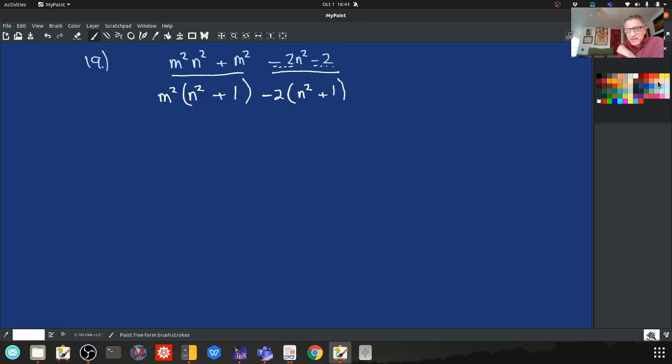Well, how nice that is. Because now I have another common factor. If you had not factored out a minus 2, you would have minus n squared minus 1. And you'd have n squared plus 1 over here.